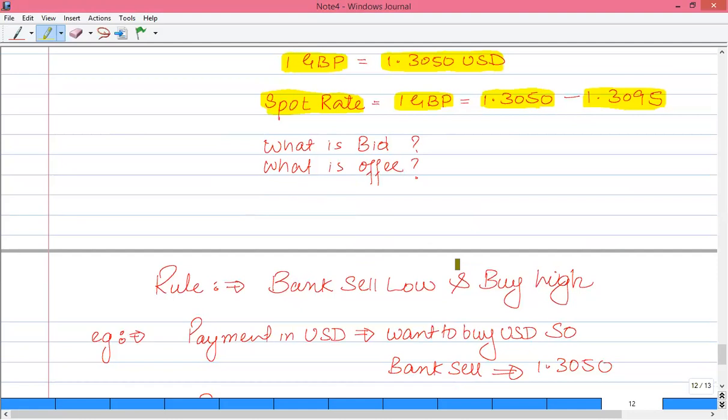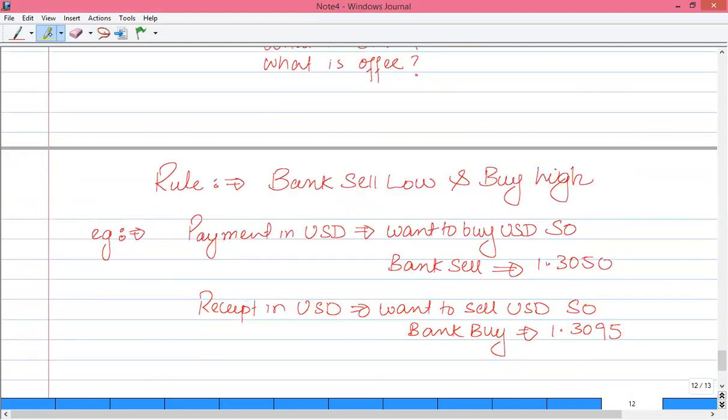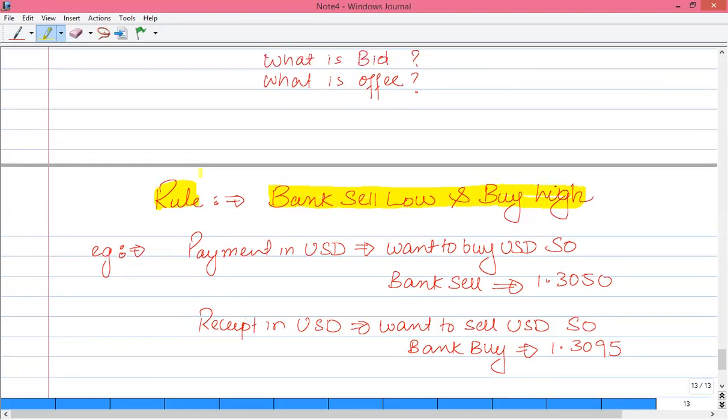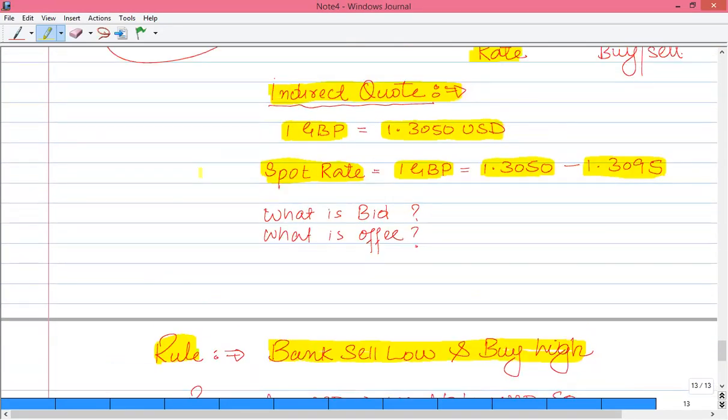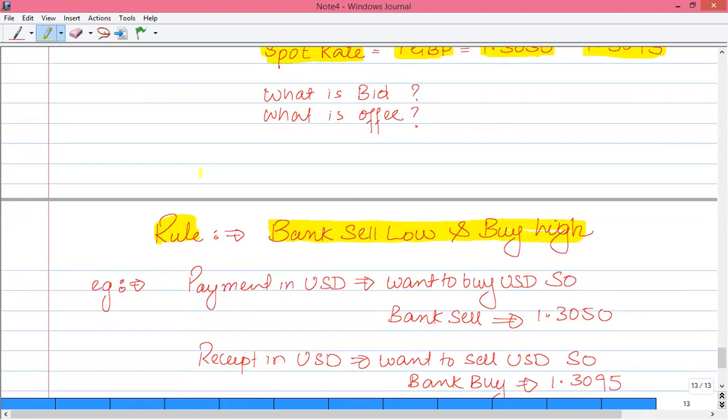Now in case of indirect quote, learn this rule that would help you decide easily about the bid and offer rate. In an indirect quote, remember this is for indirect quote, banks always sell low and buy high. That means the offer rate would be a lower rate and the bid rate would be a higher rate.